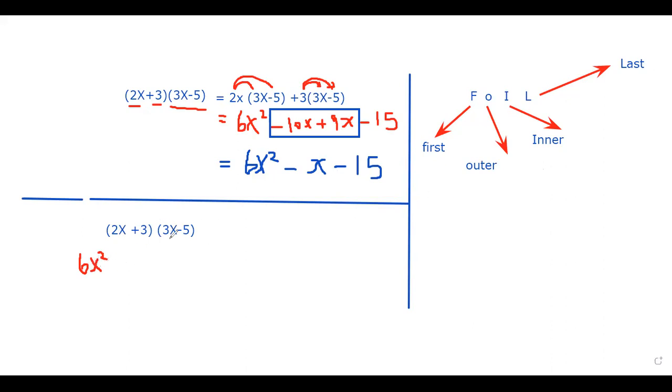After that, where is the outer? So this is called the outer terms. Then 2x multiplied by negative 5 will be negative 10x. And then the inner will be 9x.